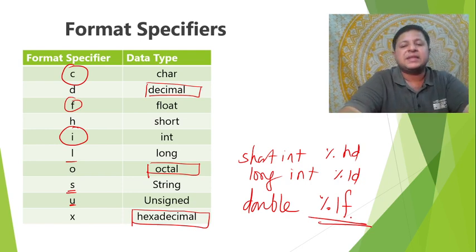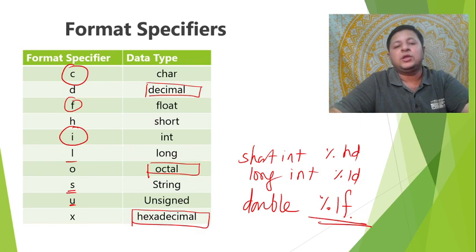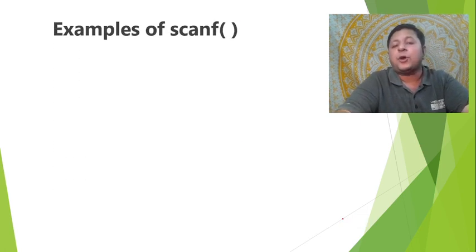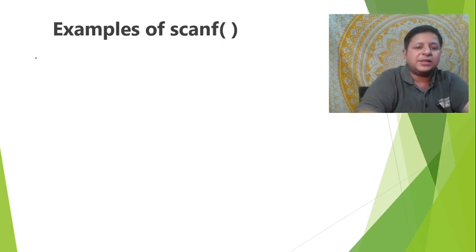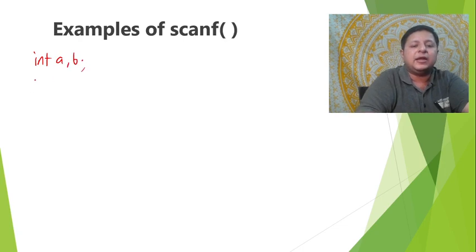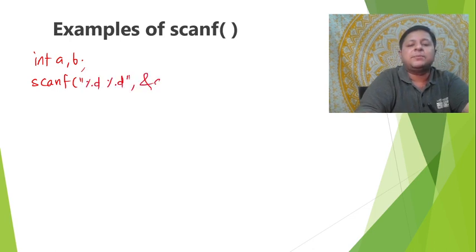Let us take some examples of how to work with scanf, and how to write a proper scanf for appropriate reading. As I already said, suppose I have two integers, int a and b. This is how I'll be writing scanf: scanf("%d %d", &a, &b).